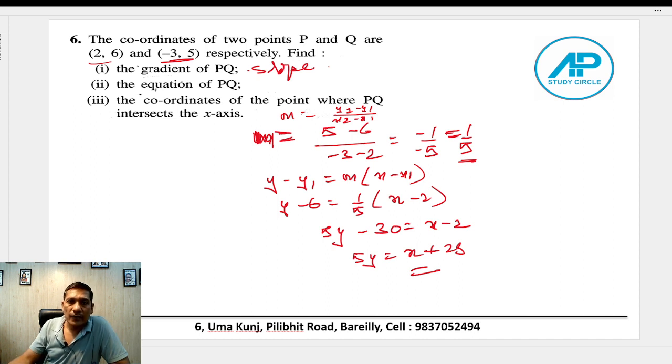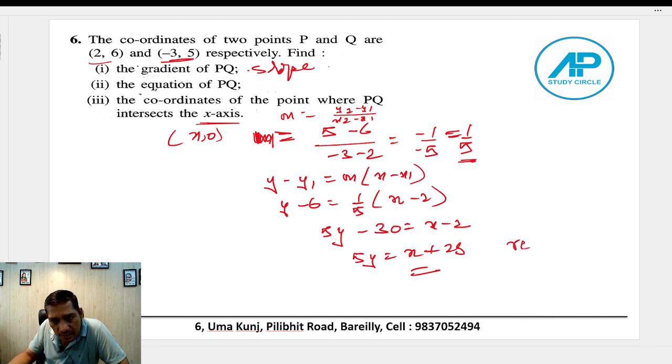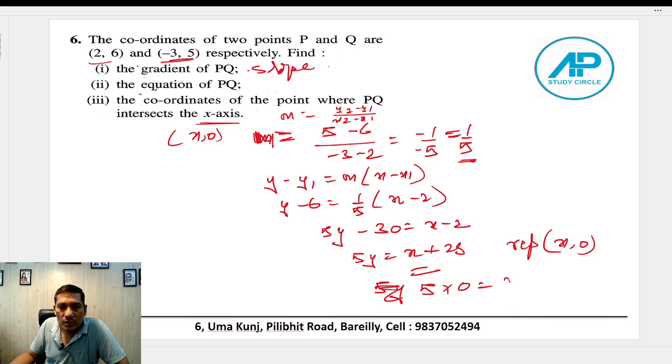So I have m equals y2 minus y1 upon x2 minus x1, got a slope. Now they're asking the point where the line intersects the x-axis. I'm expecting that you all know that a point lying on the x-axis has the coordinate x comma 0. So replace x comma 0 here. 5 into 0 equals x plus 28.